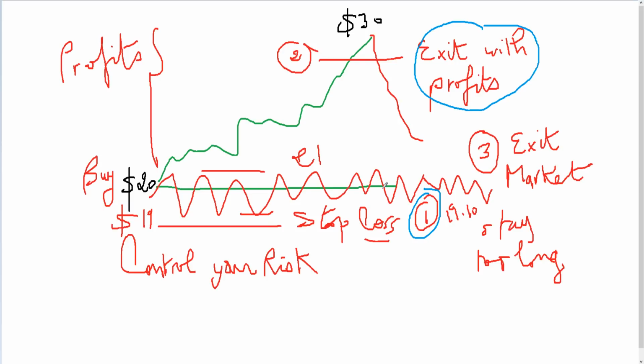Now the third thing, if you don't want to stay too long, you can exit with a market order, and you exit the trade because you don't make profit, you don't make a big loss. So you just exit the trade because this stock doesn't seem to go up or to go down.